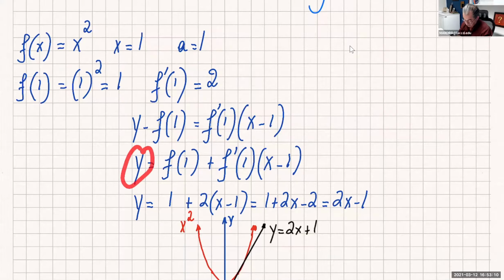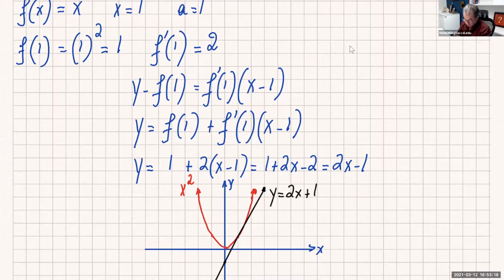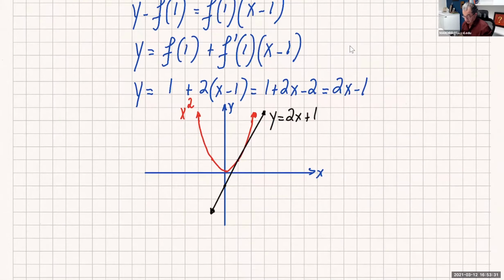And if you isolate y, you get f of 1 plus f prime of 1 times x minus 1. F of 1 is 1. F prime of 1 was 2, and you write 2 times x minus 1, simplify, and you get 2x minus 1.